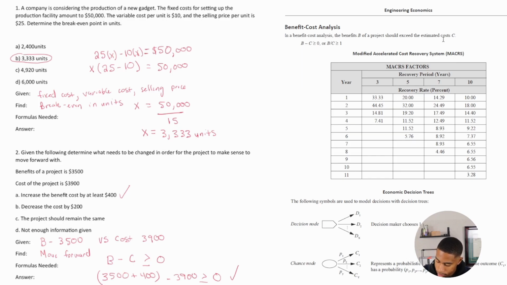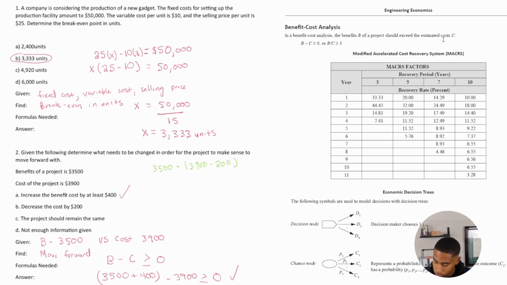Let's see what happens if we do B. We decrease the cost by $200. So the benefit minus the cost is 3,500 minus the cost that we currently have, which is 3,900, and we're going to decrease our cost by 200.